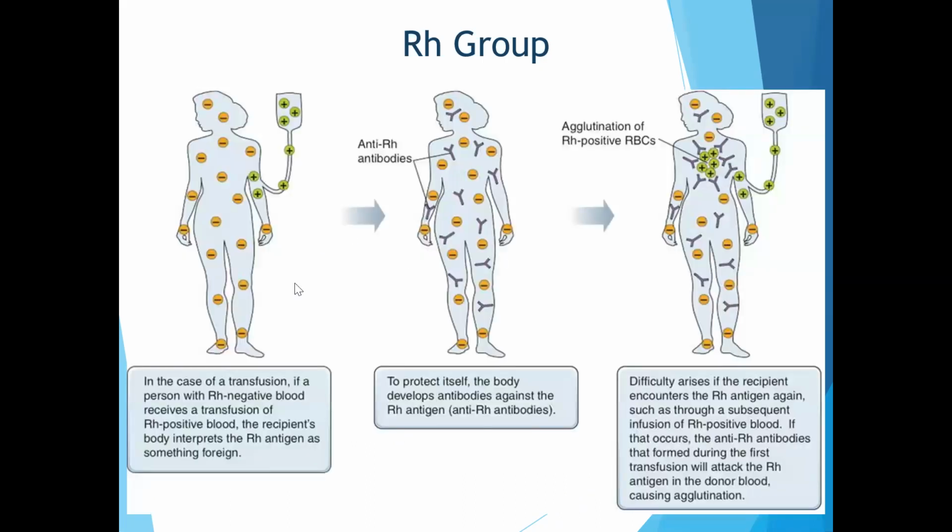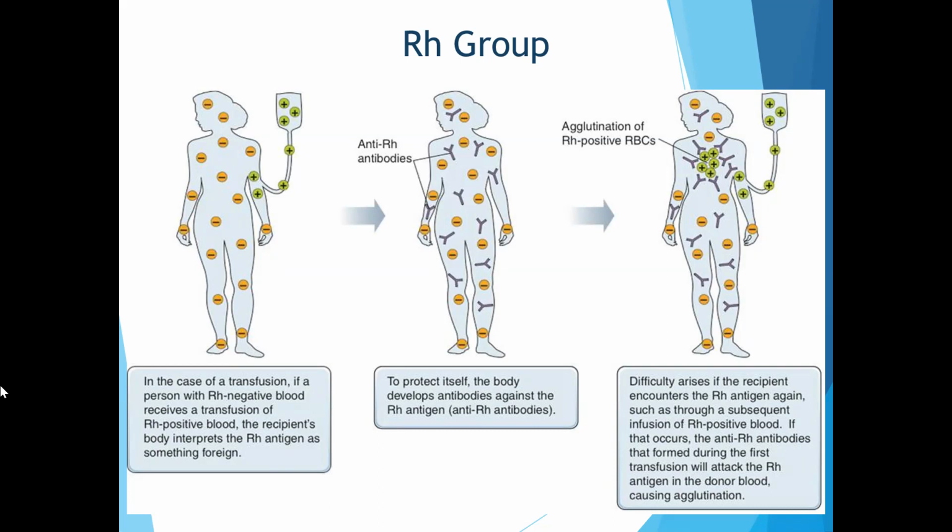Okay. So this is someone who has negative. They are Rh negative. So they get an infusion of blood that has the Rh antigen, Rh positive blood. In response to that, they create anti-Rh antibodies. So no big deal the first time, because if the first time was introduced, the antibodies aren't there yet.